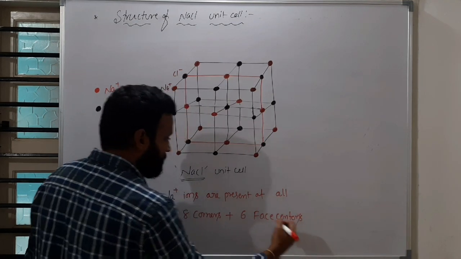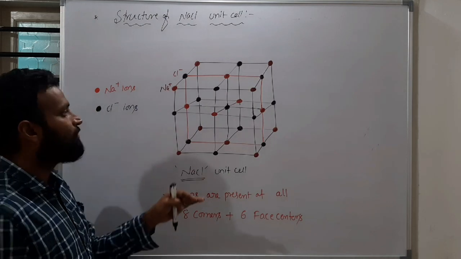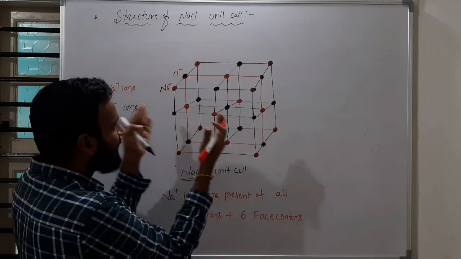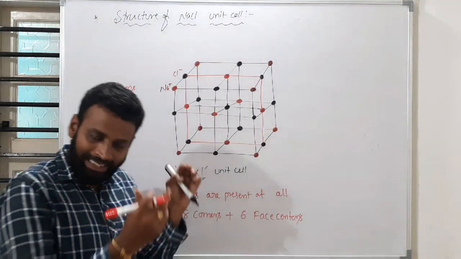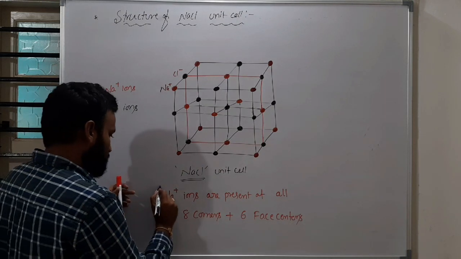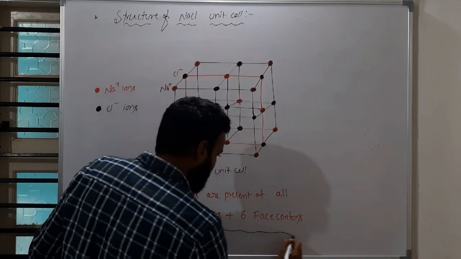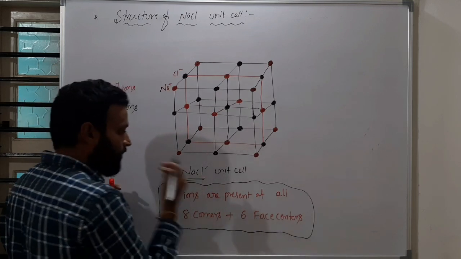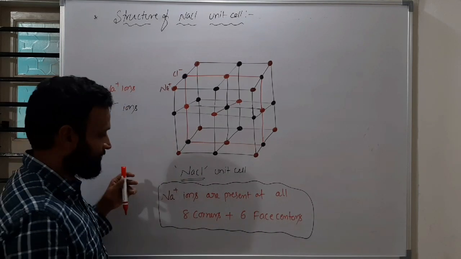In the previous case for atoms we had just a face centered cubic like that. But here the entire NaCl crystal system exists like this. Don't ask me why, it exists like that. Getting? So Na plus ions are present at all 8 corners and 6 face centers.